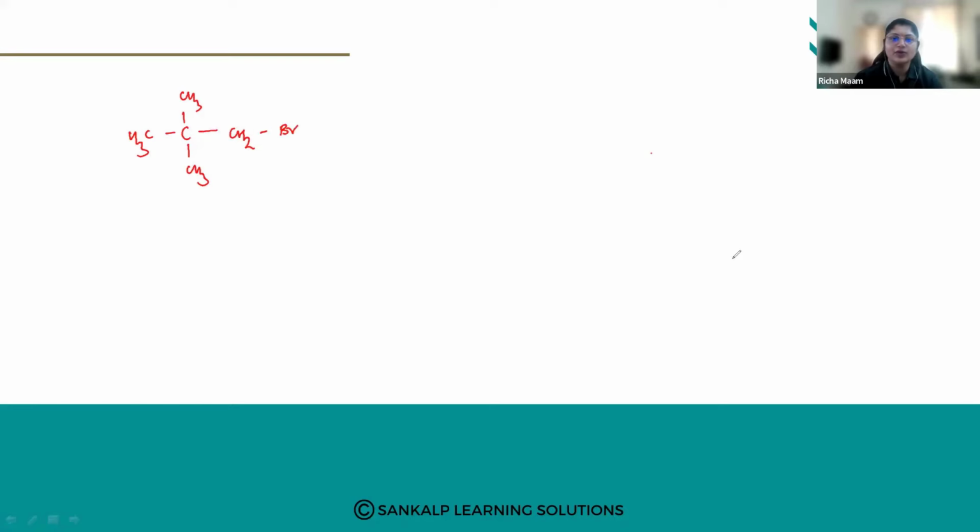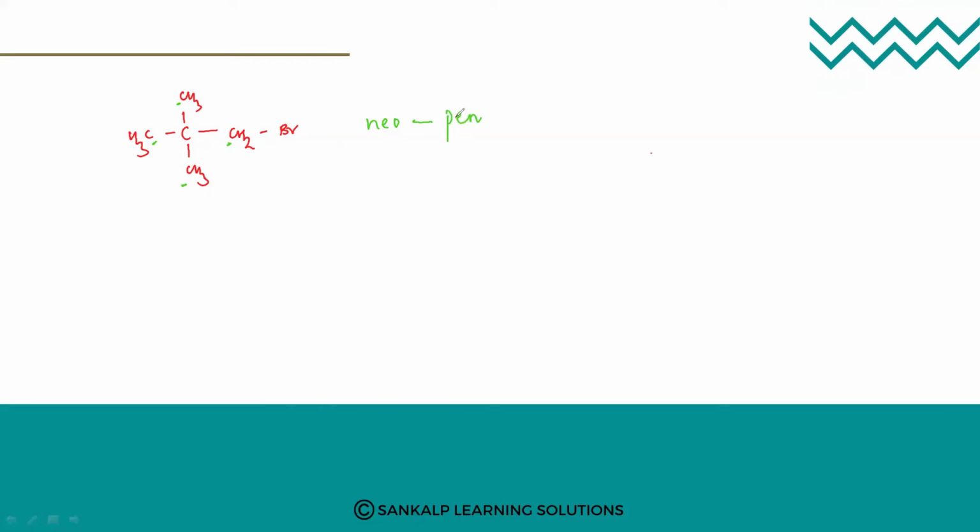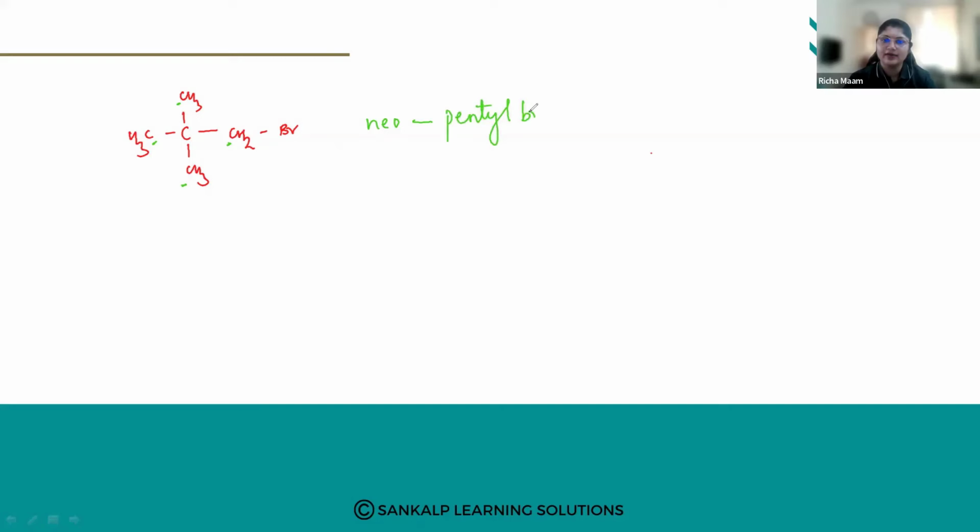The carbon is attached to 1, 2, 3, 4 carbon atoms, so the prefix given is neo. Whenever in the isomers a carbon atom is attached to 4 carbon atoms, it is given the word neo. How many carbon atoms? 1, 2, 3, 4, 5. So it is pentyl bromide. Neopentyl bromide.